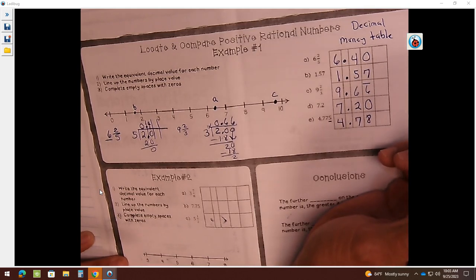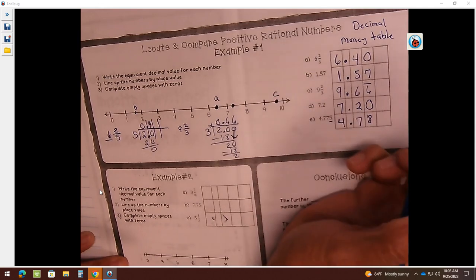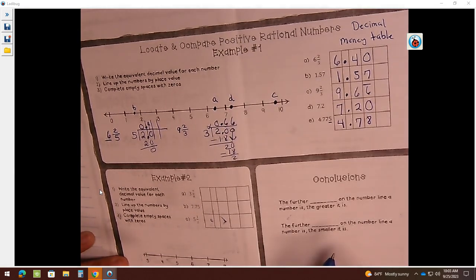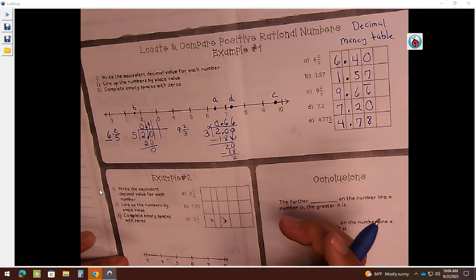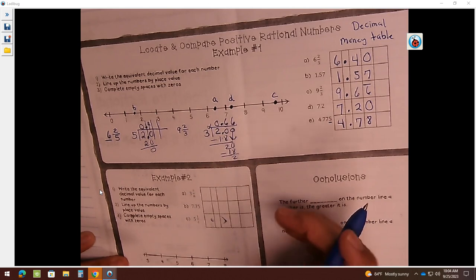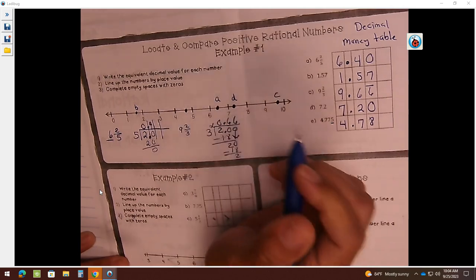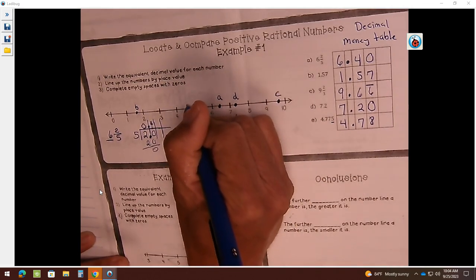Before or after the middle? Before, because it's 7.20. What's the point? D. More or less, we don't have to be exact. $4.78, after, so it'll be close to the 5, right? That would be point what? E. Yes.